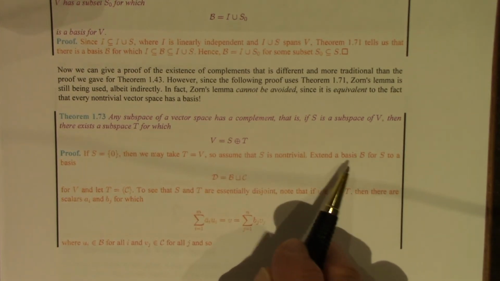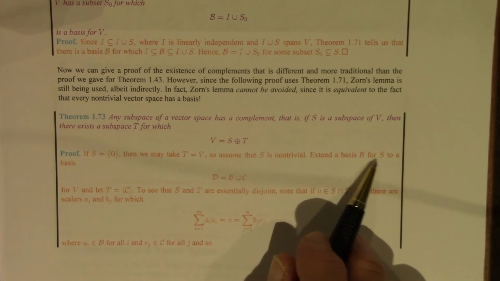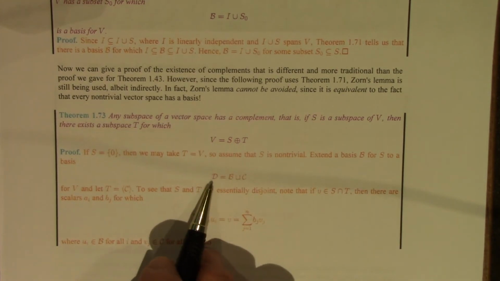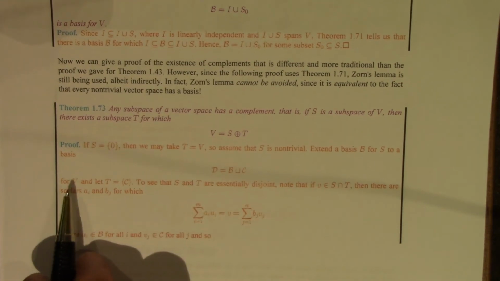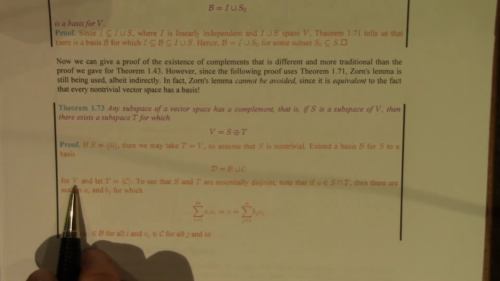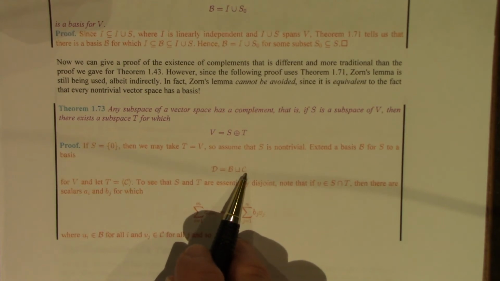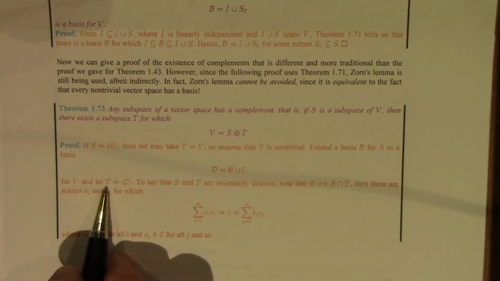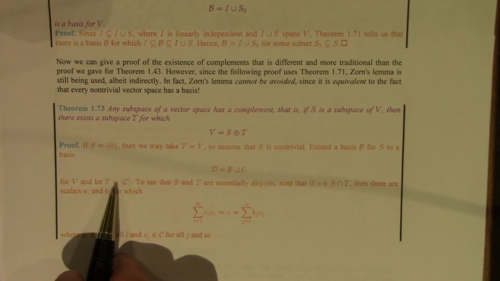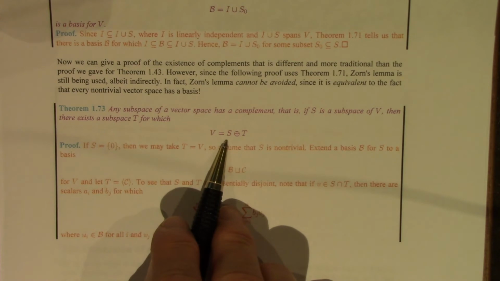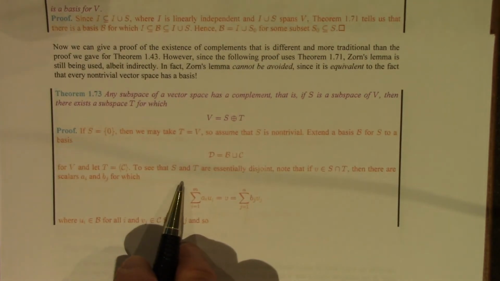Therefore, we can take a basis B for S and extend it to a basis D for the whole space V. And then we can let the subspace spanned by C, we'll call that T. And we can show that T is in fact a complement to S.